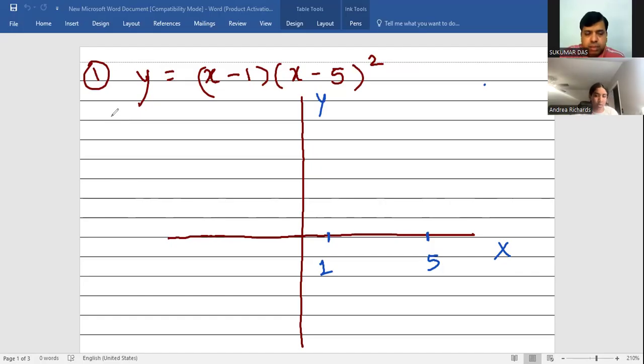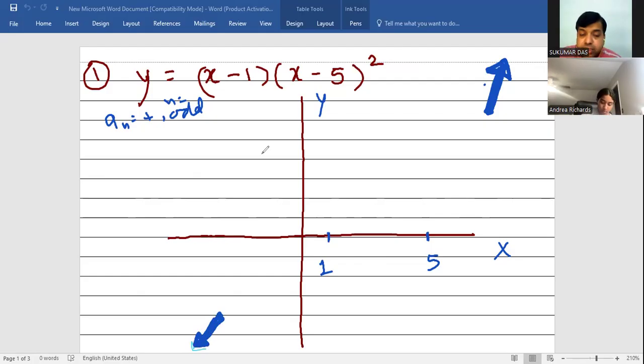Yes. So then it would go this way and this way. Perfect. So here the leading coefficient is positive and the degree is odd. So yes, it will be like this. A little bit here we can do. Just a rough idea, a broad type of arrow we will draw like this.